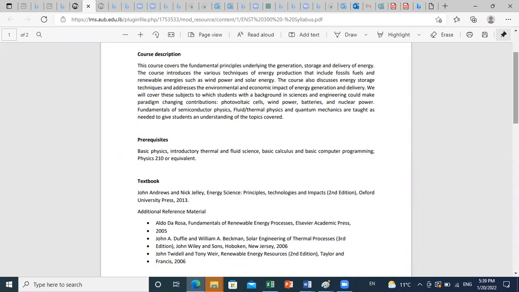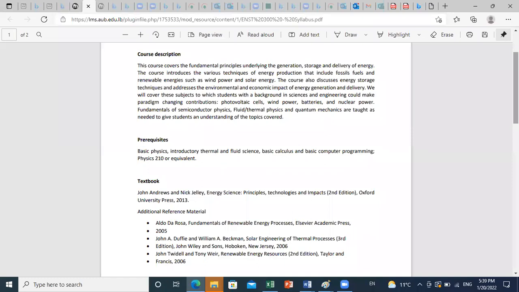We'll see that fossil fuels were one of the main sources of energy, and until now we are using them, but because of their very harmful effect on the environment, and because also of the shortage of fuels in the world, we start to think about other sources which are much more available, free to use, and not harmful to the environment, which are renewable energies. So with renewable energies we will go over together solar energy, wind power, hydropower, etc.